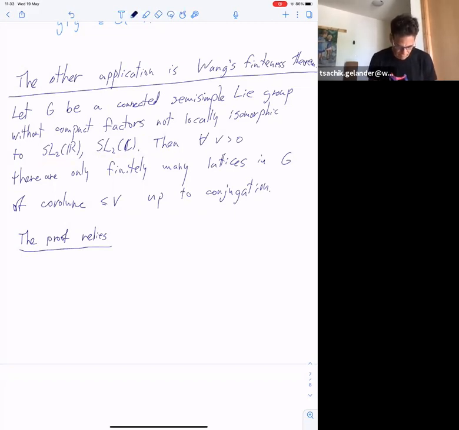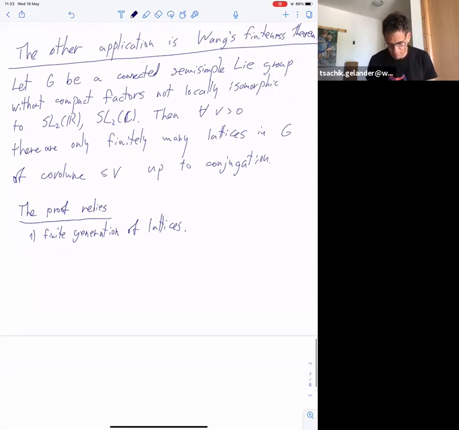But okay, the proof relies on four things: one, finite generation, which is a non-trivial theorem, but okay, in previous courses I proved it, I think. In that course I didn't, but I mentioned it. So every lattice is finitely generated.